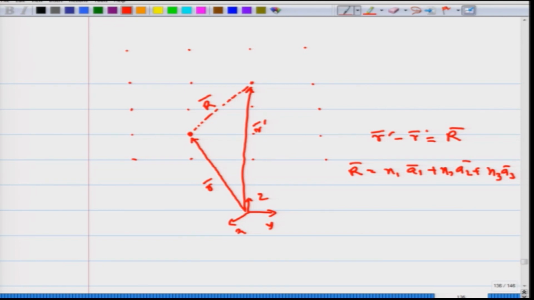And this is the basic requirement, and this is the translation vector R, which will take you from one point in the lattice to another.